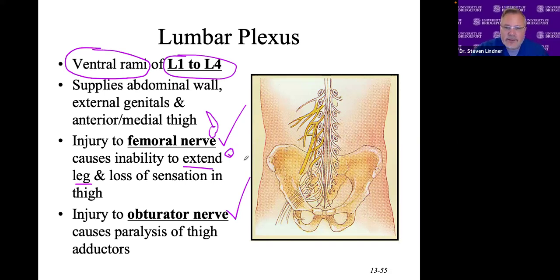What are the quads? Well, you remember what the quads are. It's the rectus femoris, the vastus medialis, lateralis, and intermedius. Okay? If there is damage to the sensory part, and the sensory part is called the lateral femoral cutaneous nerve, then there's going to be loss of sensation to the front of the thigh.